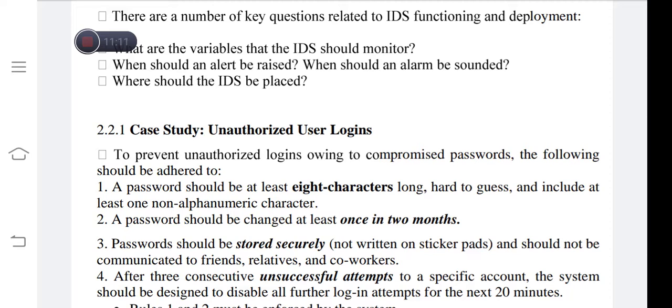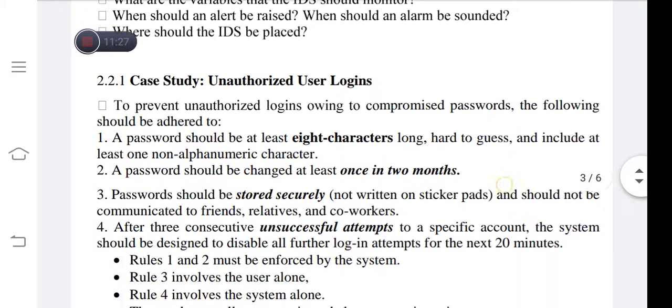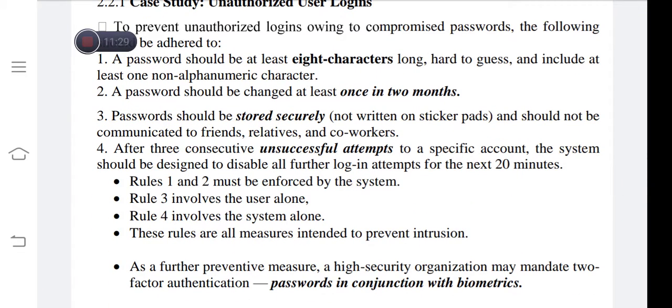That is, it should not be communicated to any other persons who are not authorized to use the login credentials. They can be friends, relatives, or co-workers. And also, if an attacker or an unauthorized person tries to log in using a password, let us assume he will fail for a number of attempts.